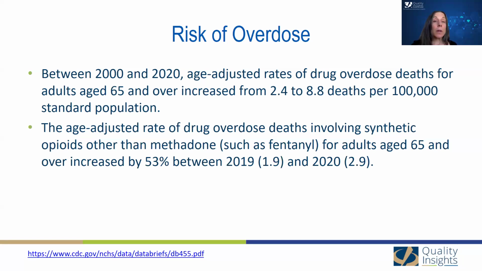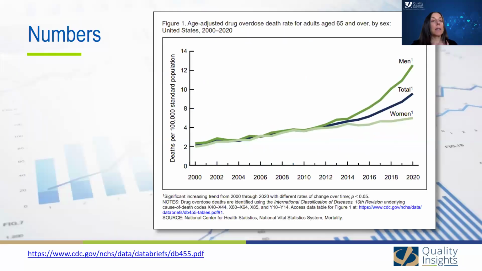So we know that individuals over 65 are having increased amounts of overdose deaths. And you can see here, this is the graph from the CDC, which is showing age-adjusted drug overdose deaths for individuals over 65. And you can see it's going up.